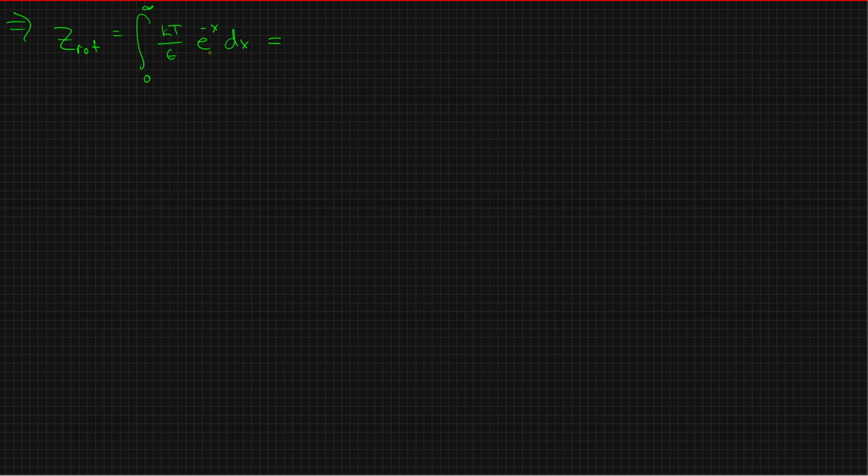Because if you integrate this, you pull down a minus sign out in front, so it's minus e to the minus x, evaluated from 0 to infinity. Doing the usual final minus initial, you just get a factor of 1. So this just turns into kT over epsilon, or in terms of our new notation, it's just 1 over beta times epsilon.